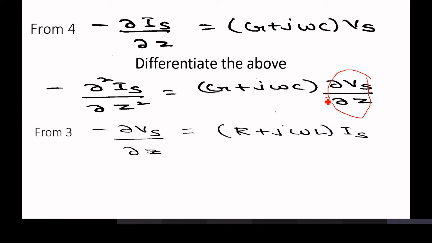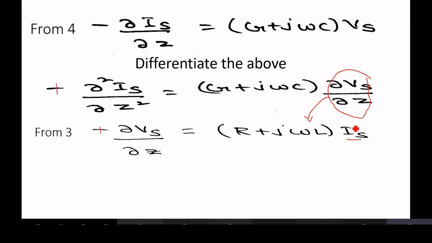So in place of dou Vs by dou Z, substitute R plus j omega L into Is. Here also the minus and this minus will get cancelled. Now this will be Z plus j omega C into R plus j omega L into Is.